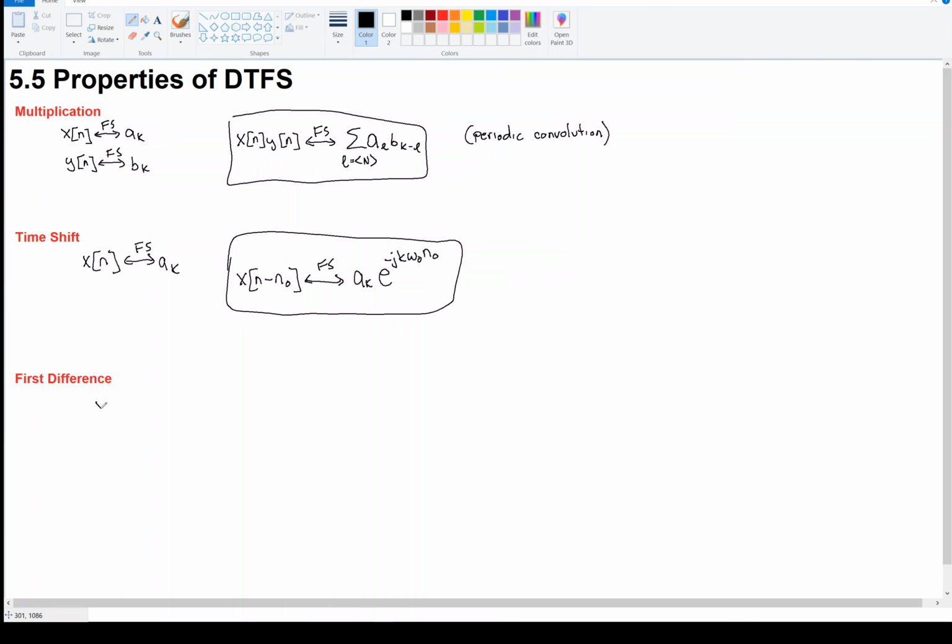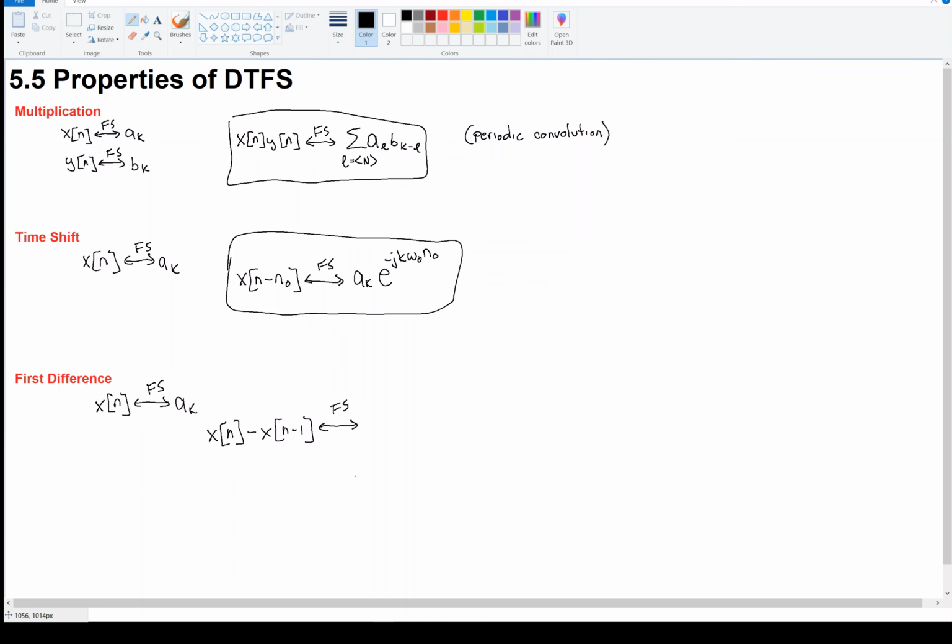So suppose x[n] has Fourier series coefficients a_k and is periodic with period N. We might have a signal y[n] that is the first difference of x[n]. We talked about the first difference a while back. We want to know what its Fourier series coefficients are.